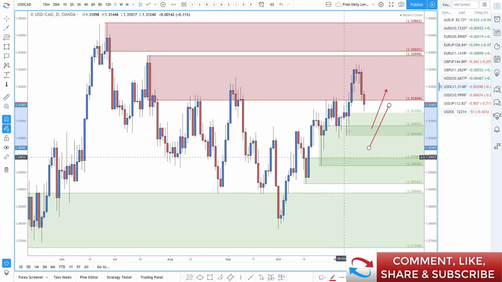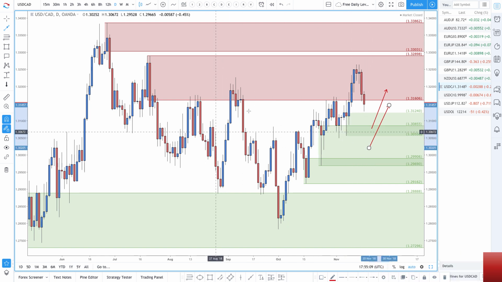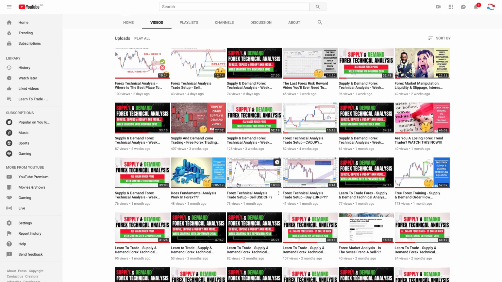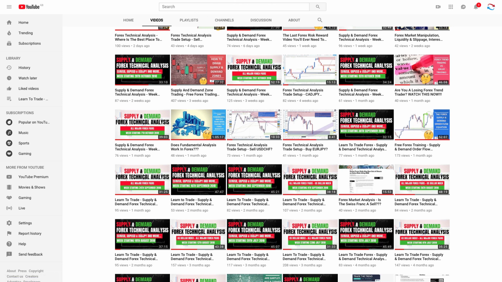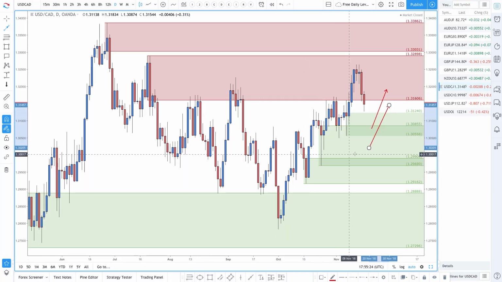Now, if you do get a cluster of demand zones within this area, then one of the things that you should do, and I talk about it again on the YouTube channel, in a video called the supply and demand order flow equation, is understand where other traders are most likely to buy and sell.